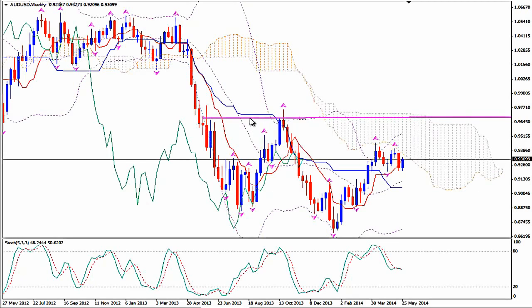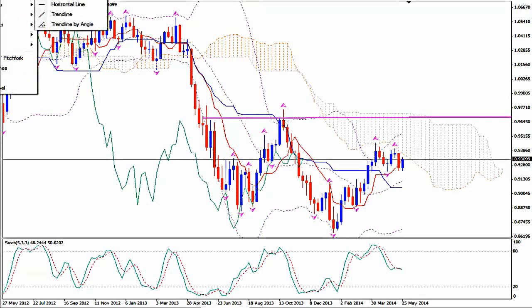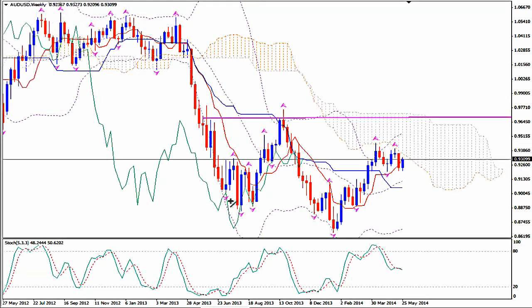Okay, and if we are conservative we can consider that the height of the W is this one, from the higher low of the two. But of course anything can happen.